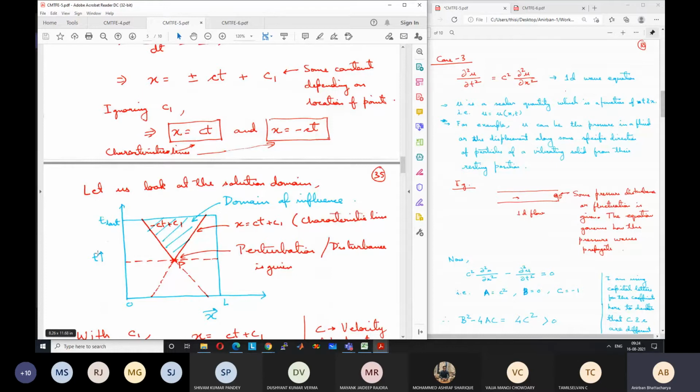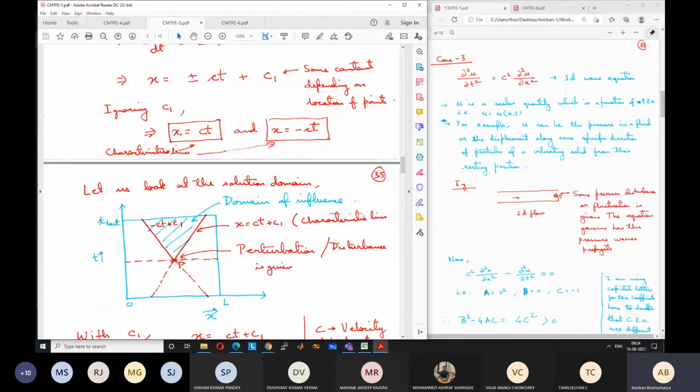So the solution domain is a 2D domain, where x goes from 0 to L and time goes from 0 to t last. Spatially it's a single dimension, but because we also have the temporal direction, it becomes 2D in that sense: one dimension is time and one dimension is space. So spatially it's a 1D problem.